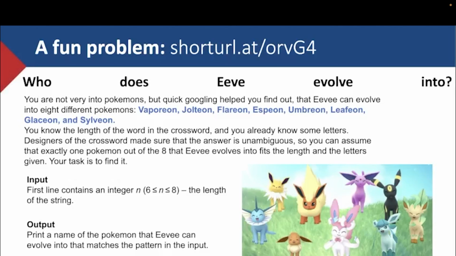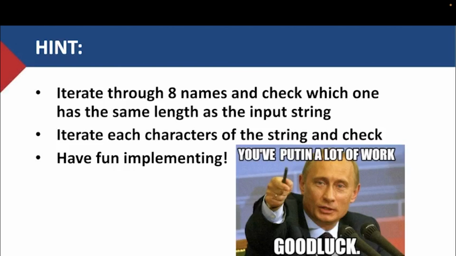I will give you a hint: you can iterate through the 8 names and check which one has the same length as the input string. After that, you can iterate over each character in the string and check if they are the same or not, so you can know what the input string is. So have fun implementing and good luck.